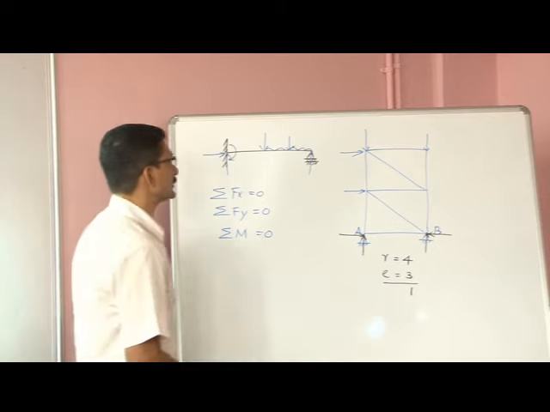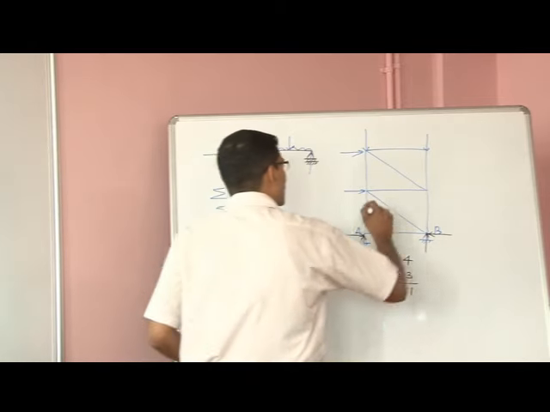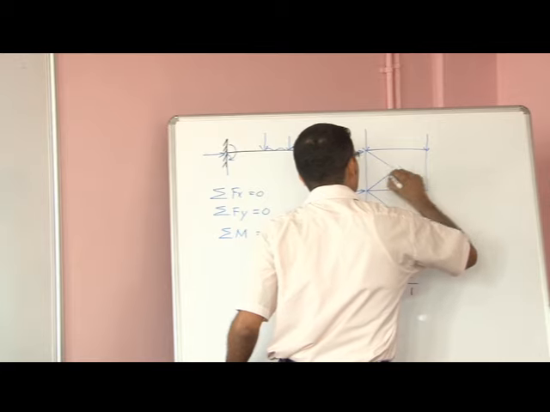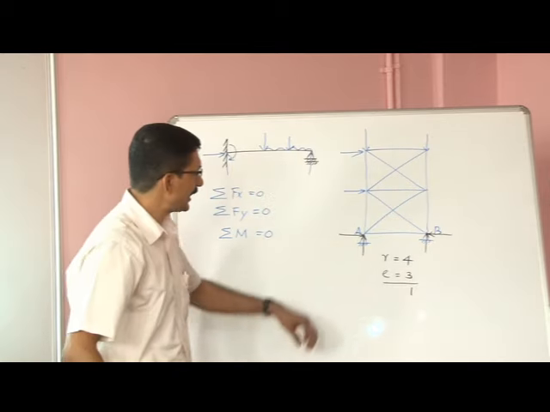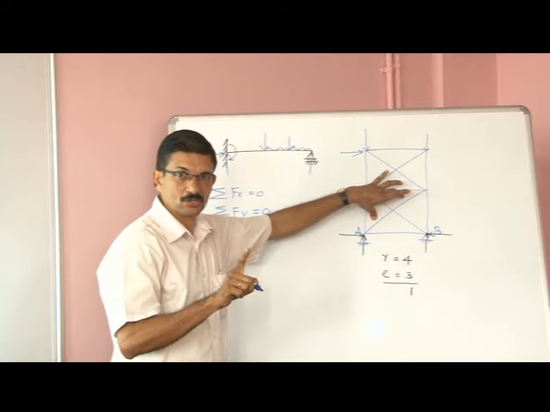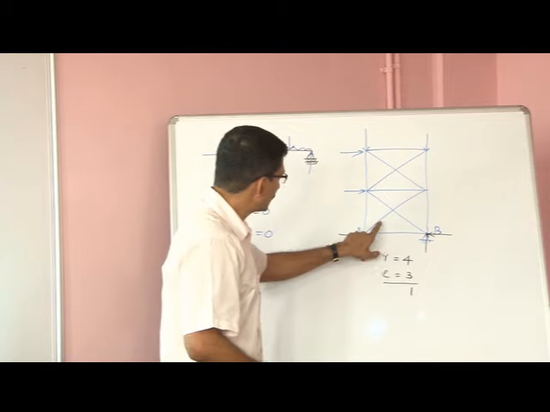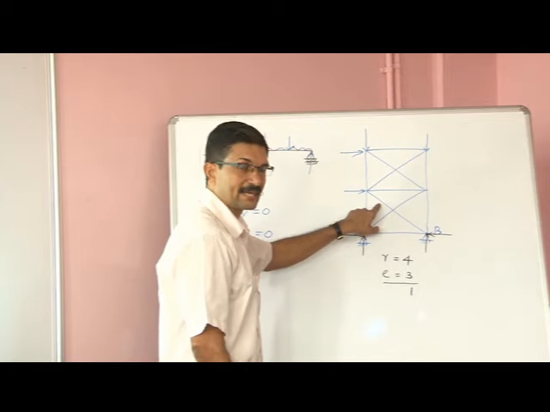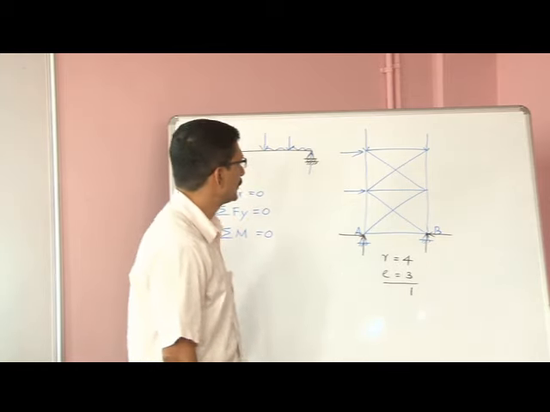There can be cases where more members are introduced in the structure, say like this. And please remember, these line segments represent the centroidal longitudinal axis of the members only. They are not the actual members. So this is a member. This also is a diagonal member. Another 2 diagonal members are there on top.